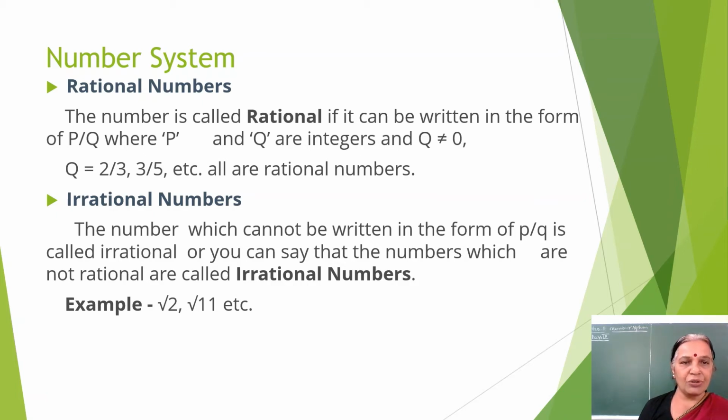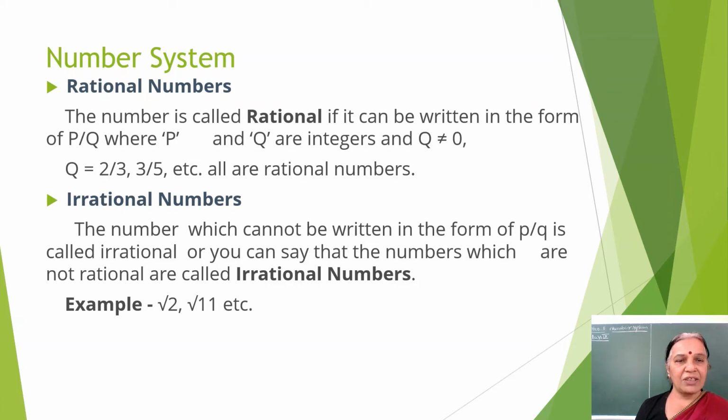Examples are 2 by 3, 3 by 5, etc. All are rational numbers. All whole numbers are rational numbers because 8 can be written as 8 by 1. All integers are also rational numbers because minus 7 can be written as minus 7 by 1.